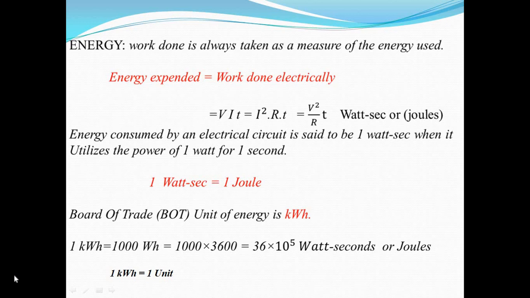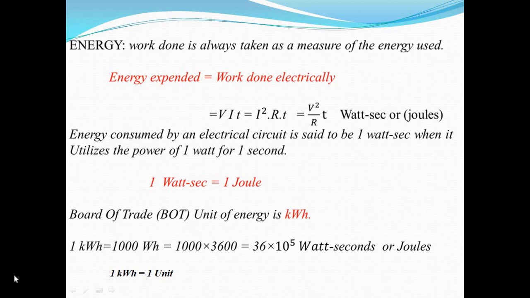So convert 1 kilowatt hour into watt seconds. Converting kilowatt into watt, that is 1000 watt hour. Then converting hours into seconds, so 1000 into 3600. So it is equal to 36 into 10 raised to 5 watt seconds or joules.